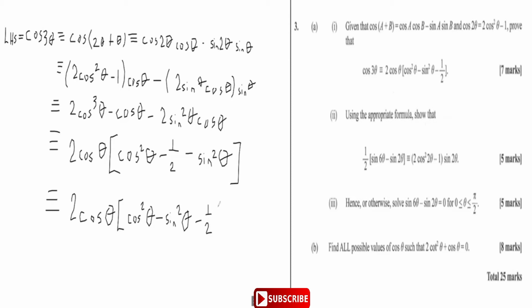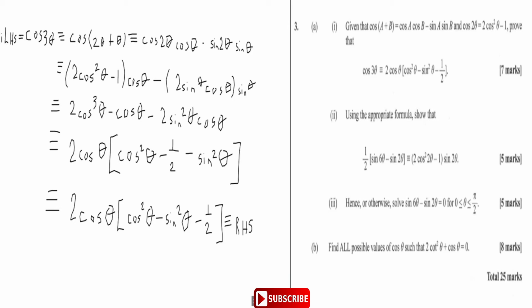Nice and easy. This is now our right hand side. So that's the proof, and that takes care of part 1.